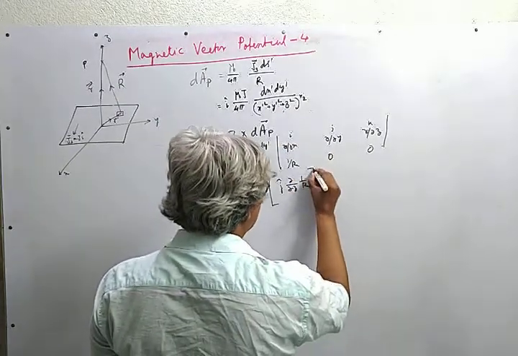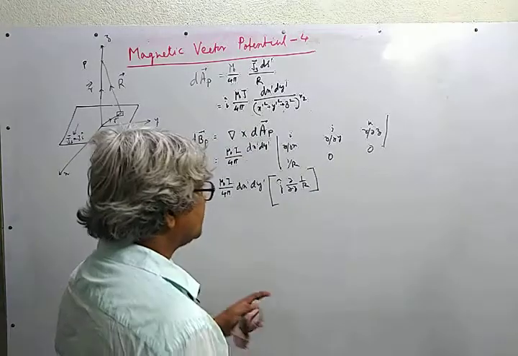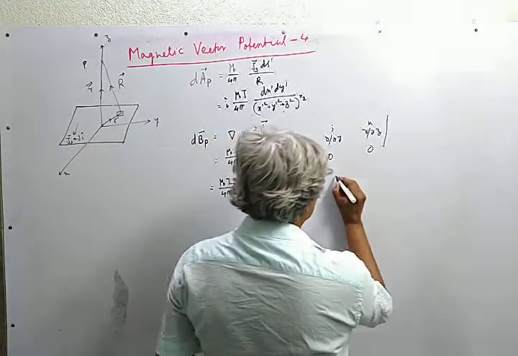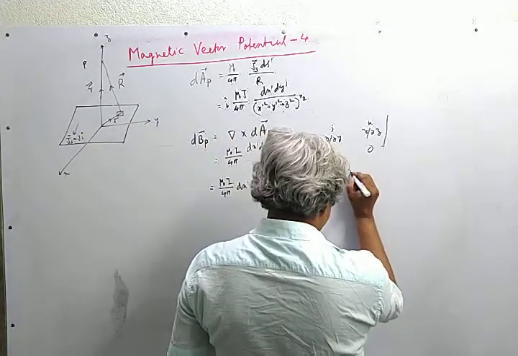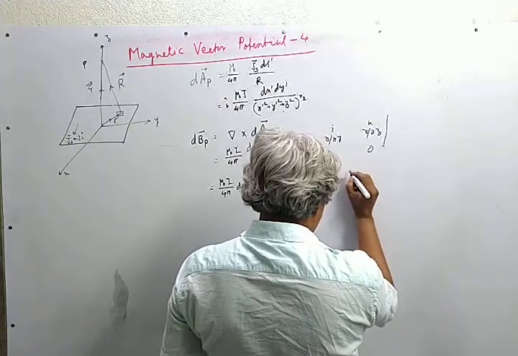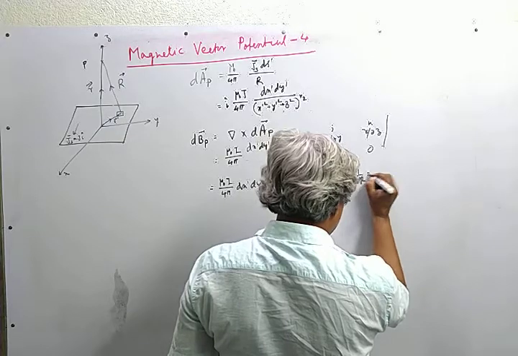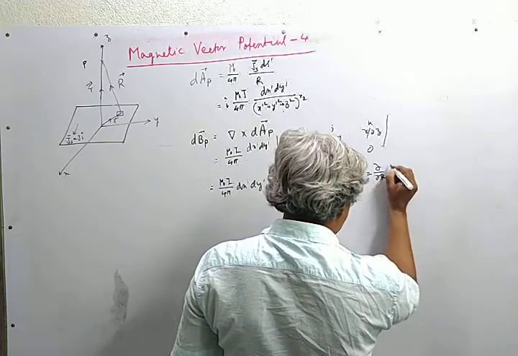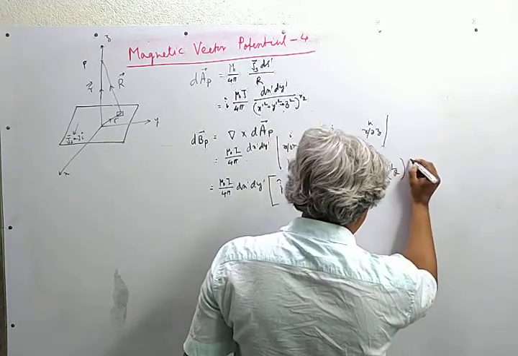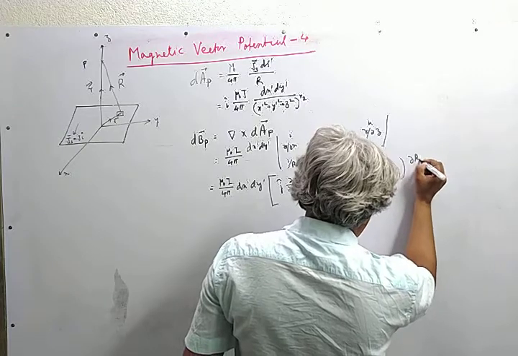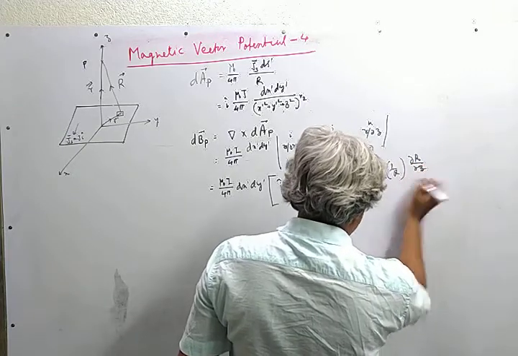Now come to the calculation of this. Del z of 1 by r is equal to del r of 1 by r into del r by del z.